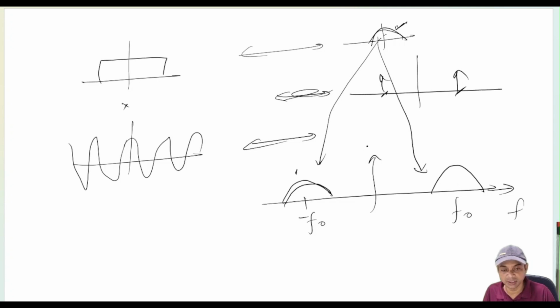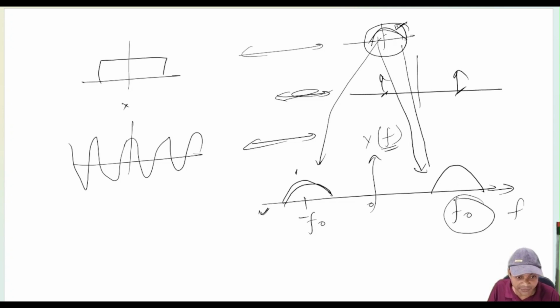This is our modulated signal. Suppose we write here Y f. What we are doing basically is shifting the message signal to frequency f naught.